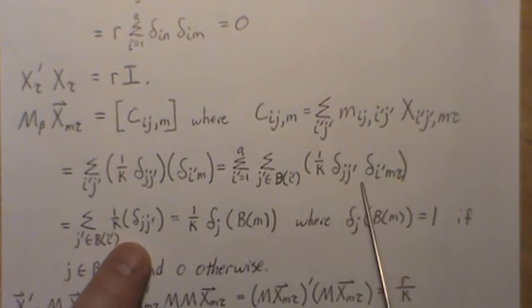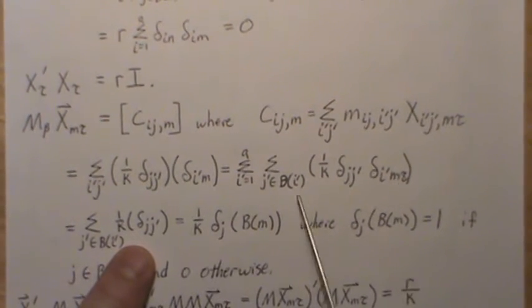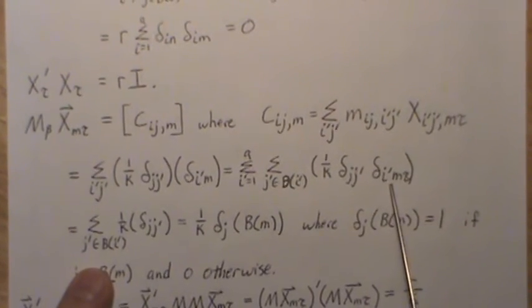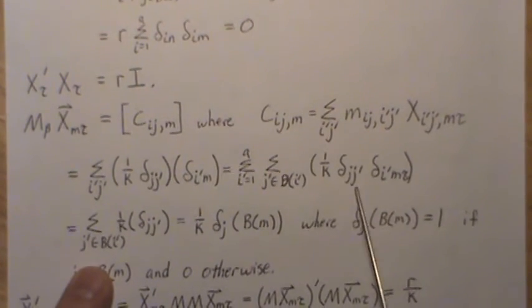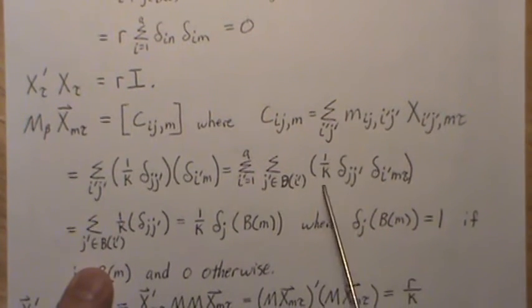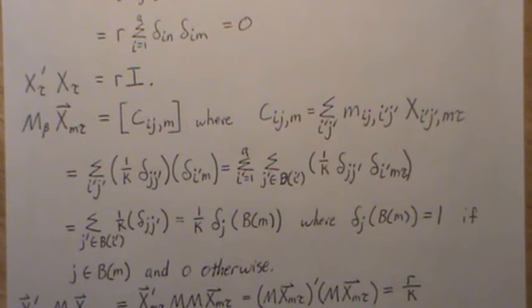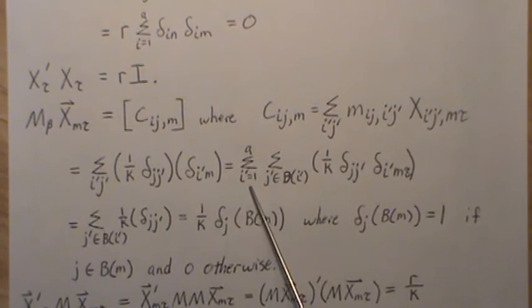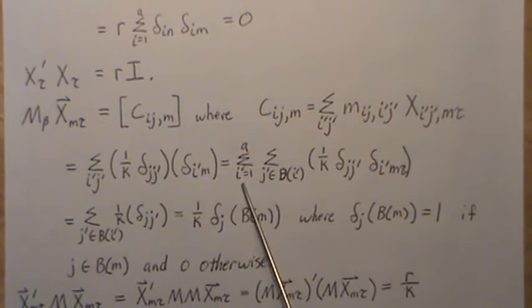we sum this first, so there's no j component here. Let's sum over I prime first. Sorry for that brain cramp.